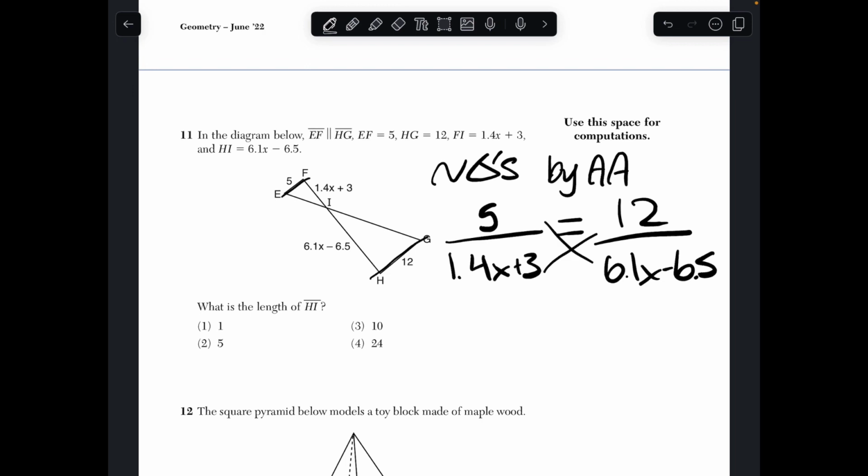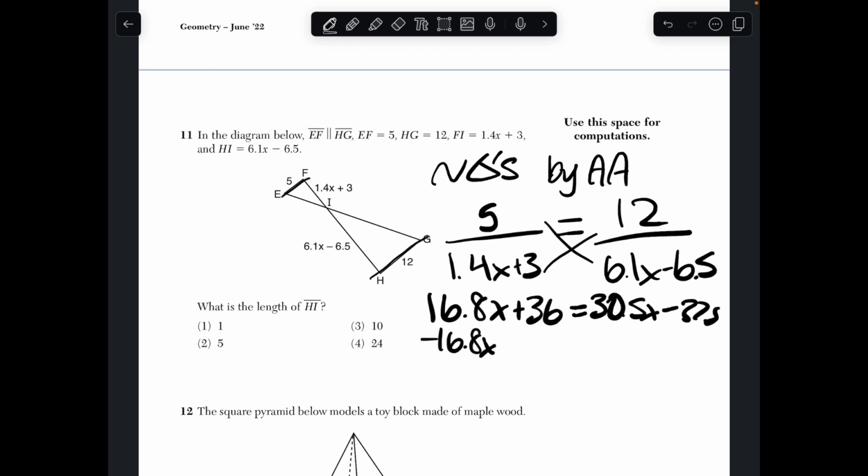You might want to get your calculator out for this because it is not that easy of calculations. So we want to subtract and add to balance the equation.